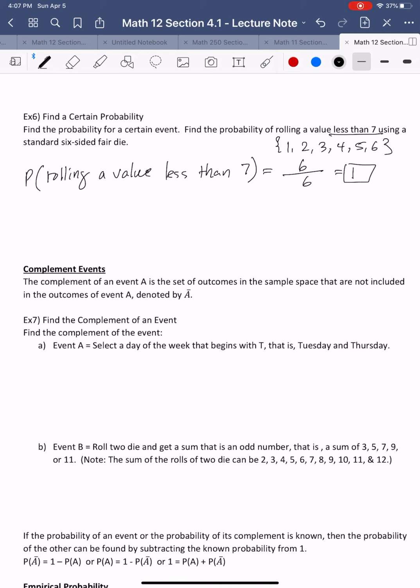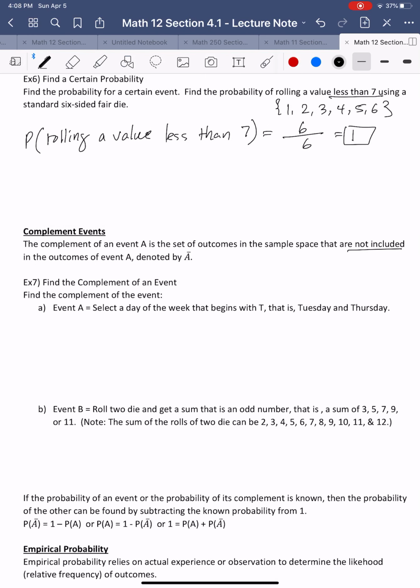Complement events. The complement of event A is the set of outcomes in the sample space that are not included in the outcomes of event A, denoted A bar. Find the complement of the event. Event A is to select a day of the week that begins with a T, which means Tuesday and Thursday.